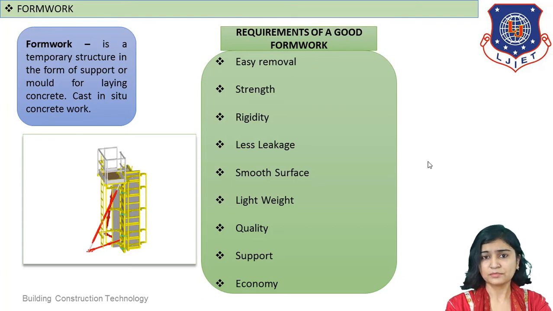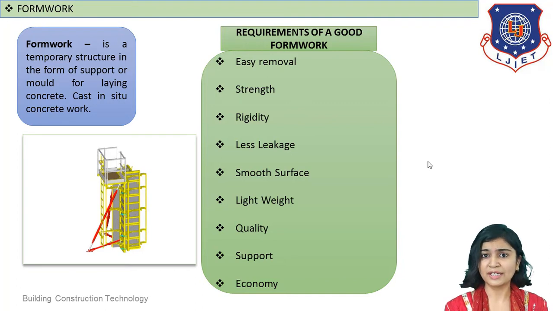Less leakage. Now, formwork is generally a box. If you are preparing a column, then you will have four sides to your box. The four planks, the four sides, will be clamped and joined with the help of equipment like nuts and bolts. These joints should not be built such that when you pour the concrete, water comes out from the joint.